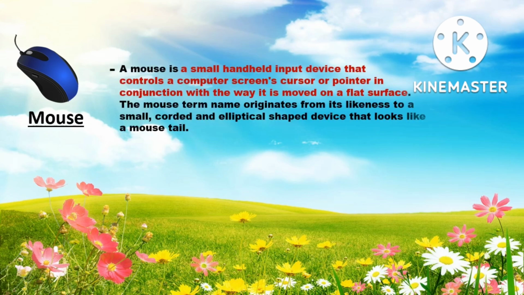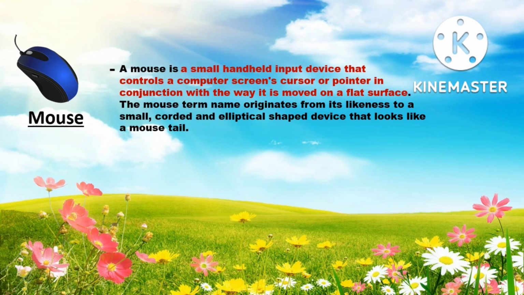A mouse is a small handheld input device that controls a computer screen's cursor or pointer in conjunction with the way it is moved on a flat surface. Now, many of you might not understand the meaning of conjunction in this context. Like in English grammar, we use conjunction to join two sentences.